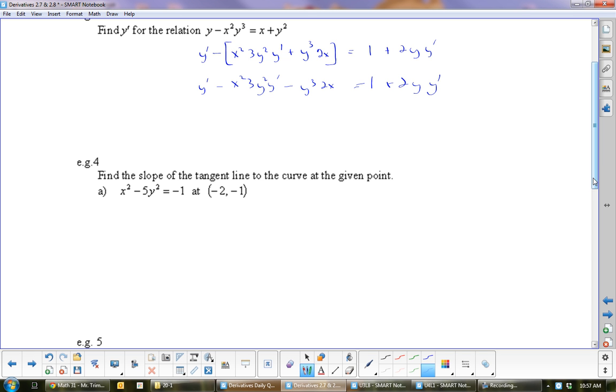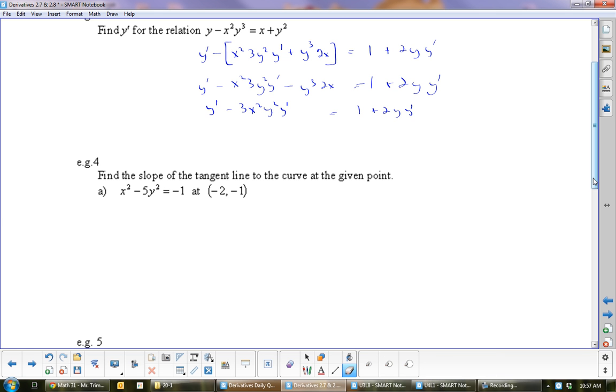Okay, so let's do y prime minus, I'm going to put that 3 in the front, 3x squared y prime equals 1 plus 2y prime.